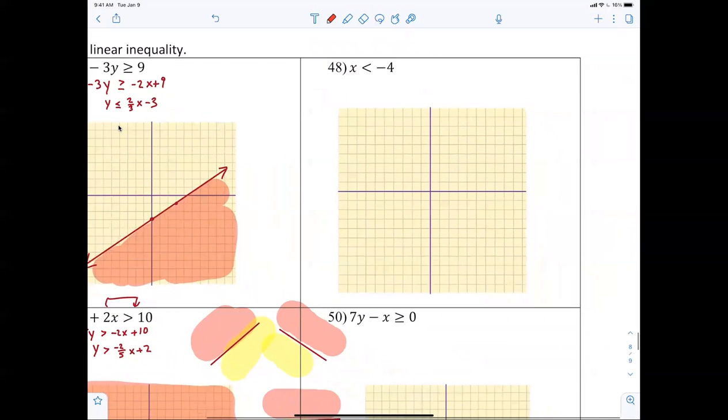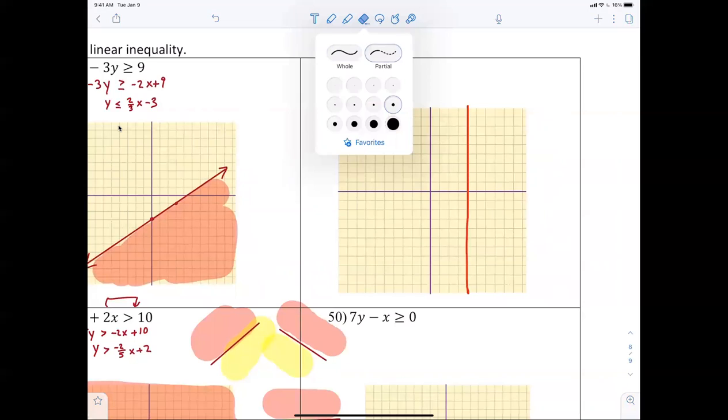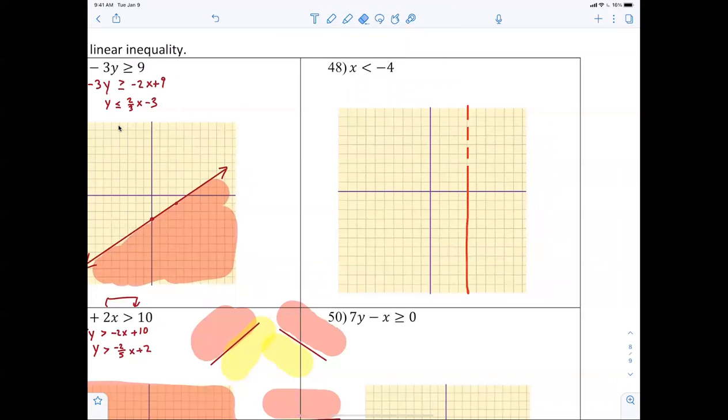If x is less than -4, do we agree that's just a vertical line across the x-axis? And then we have to remember that it is, and then we're shaded which direction?